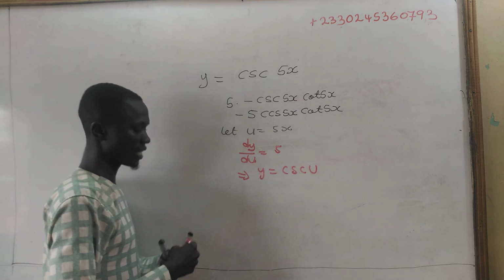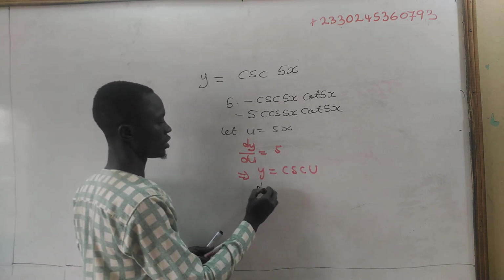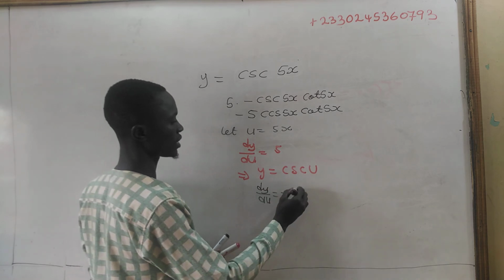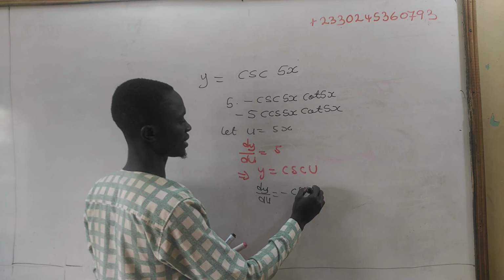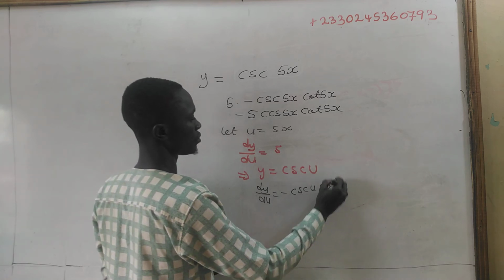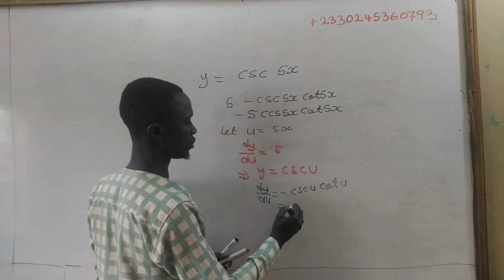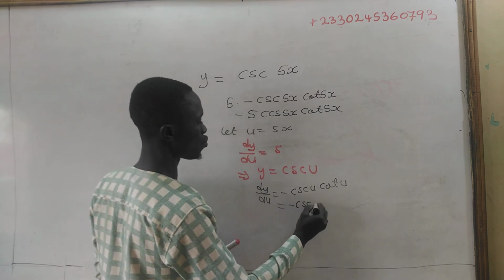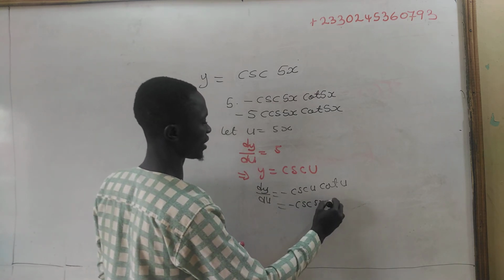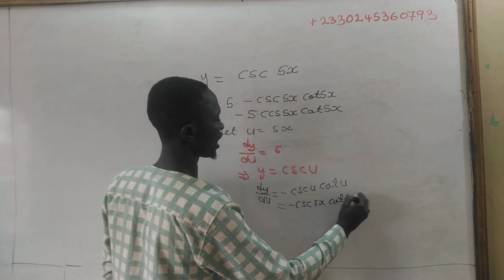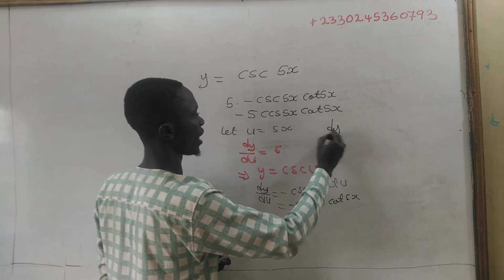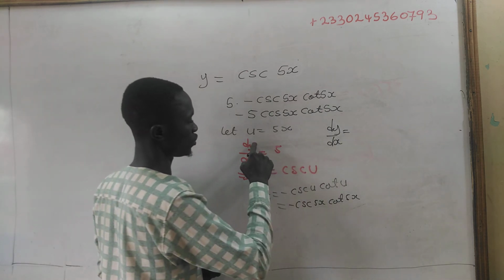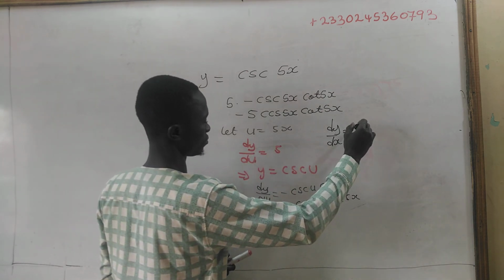And what is the derivative of cosecant u? dy on du will be equal to minus cosecant u cotangent u, and that will give us minus cosecant 5x cotangent 5x.